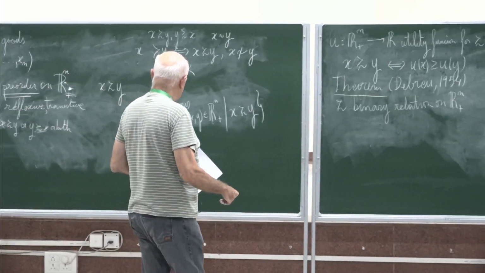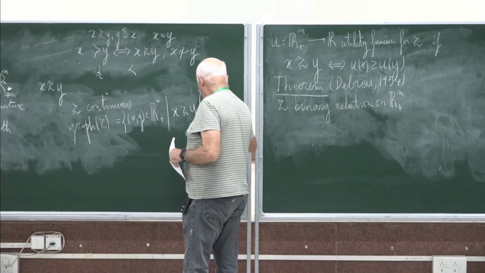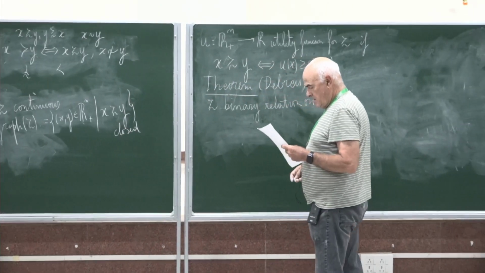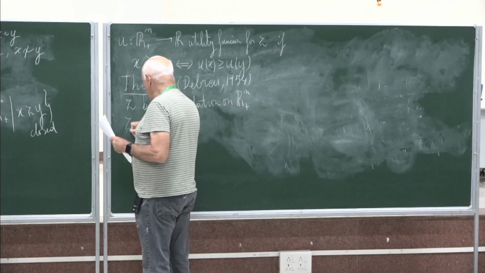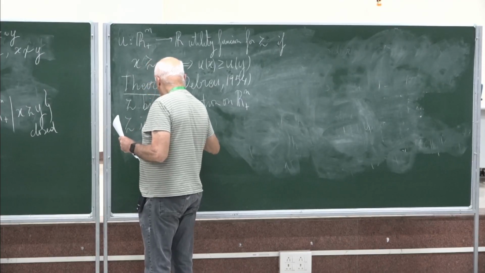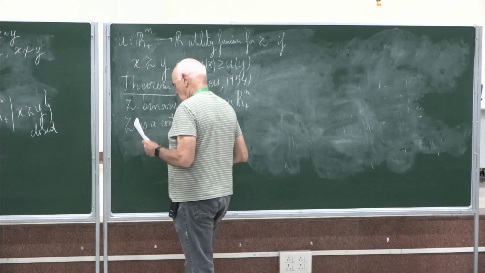Okay, so that this set is closed. Then, his fantastic result is that this binary relation is a continuous total preorder.